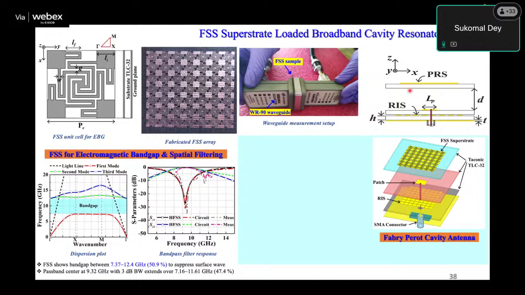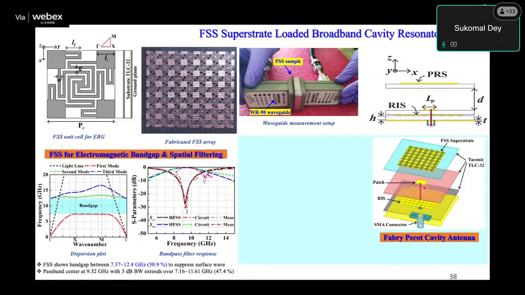It is playing like a ping pong ball, continuously coming, dropping, and again going up, dropping and again going up. Multiple responses are coming, and all the responses are summing up together as a constructive interference. So this is called a partially reflecting surface acting as an FSS.